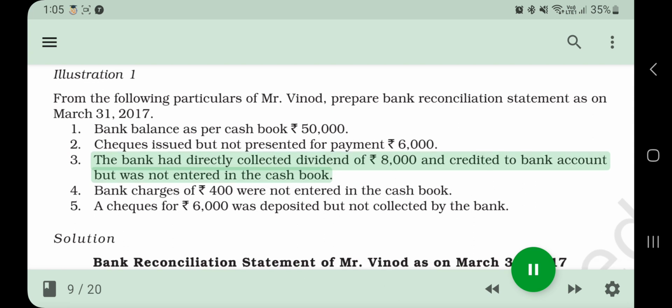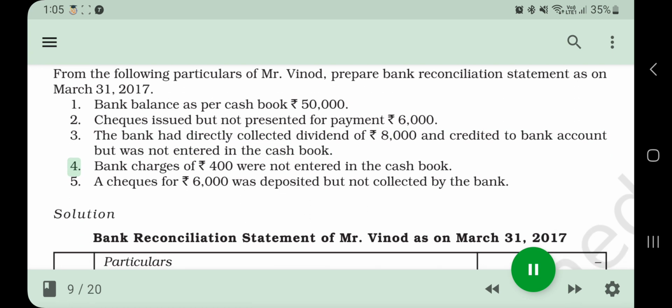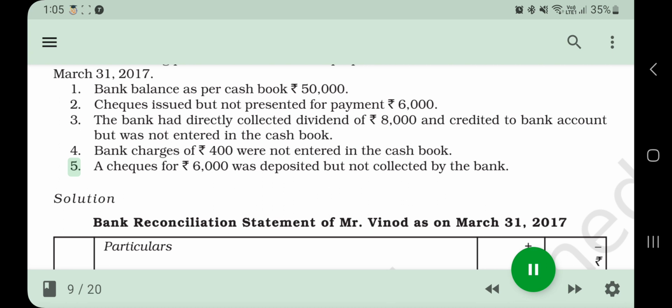The bank had directly collected dividend of = 8,000 and credited to bank account but was not entered in the cash book. 4. Bank charges of = 400 were not entered in the cash book. 5. A check for = 6,000 was deposited but not collected by the bank.